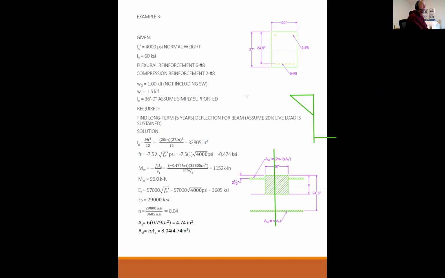As opposed to homework number 4, the neutral axis has shifted way up here, and the stress in the concrete is assumed to be something like this because it's the Whitney stress block, and the rebar is completely yielded. So this neutral axis is totally different than this neutral axis.